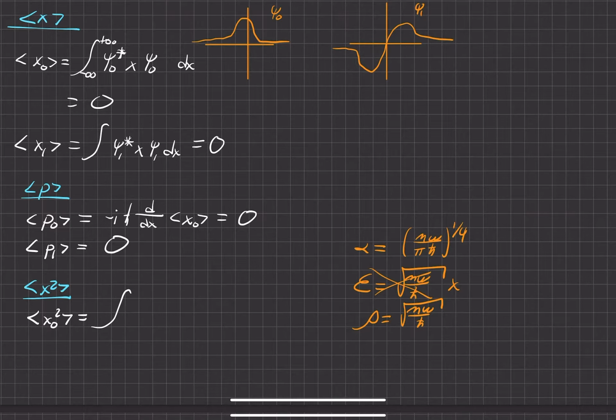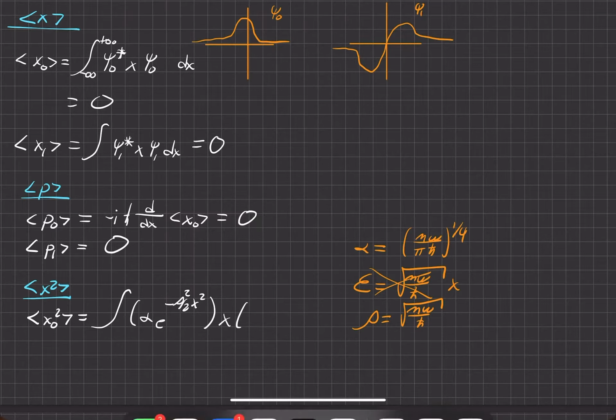So when we do the ground state of the simple harmonic oscillator, it'll end up being alpha times this exponential, rho squared over 2 x squared, times the position operator, times this. Nothing too exciting with this one.